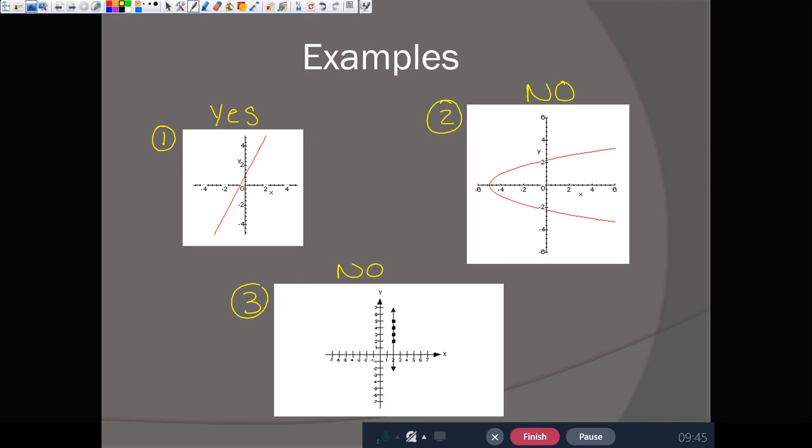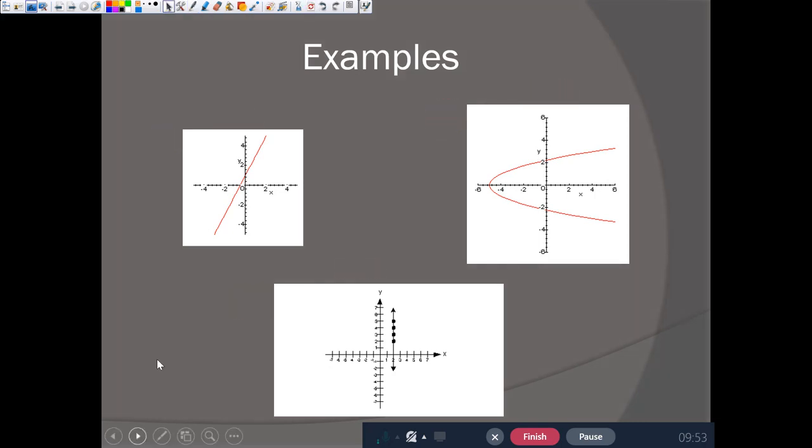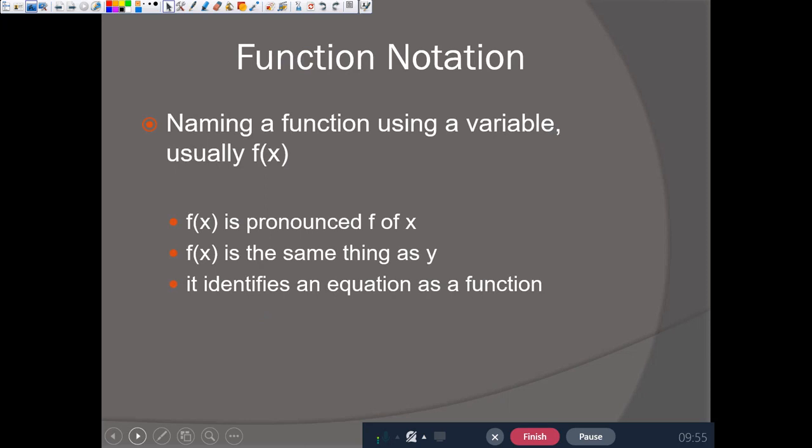And our last thing that we're going to be going over is function notation. Naming a function using a variable, usually f of x, or f parentheses x. This is pronounced f of x. It's the same thing as y. I'm sure that you guys have seen the equation y equals mx plus b, right?